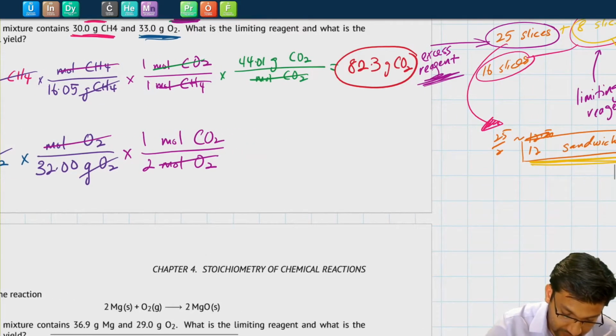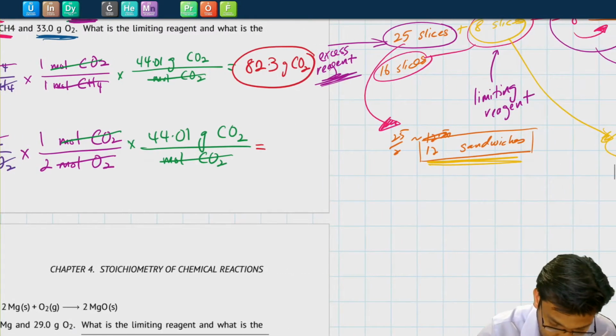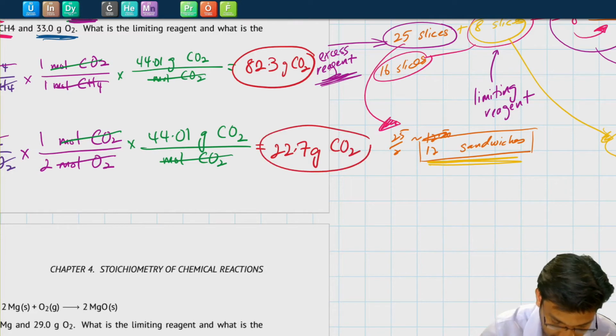And now we can convert to mass of carbon dioxide, which is our product. So we use the molar mass of carbon dioxide, which we already calculated. There we go. And so if we plug all of these into our calculator, we get 22.7 grams of CO2. Let's circle that.